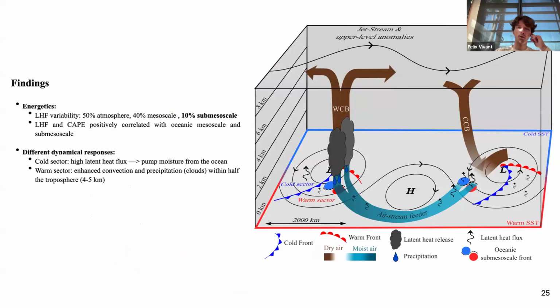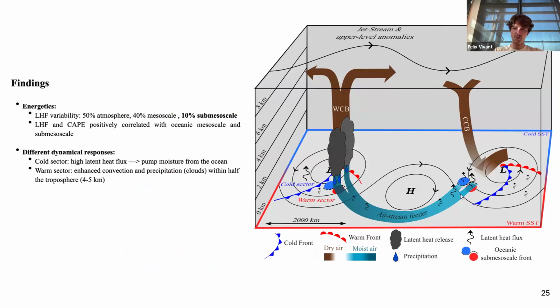And so to conclude on the findings, we first quantified the respective contributions of the atmosphere and the ocean on latent heat flux. So through the spectral analysis, 50% for the atmosphere, 40% for the mesoscale, and 10% for the submesoscale. We also identified two different responses in the cold sector and in the warm sector.